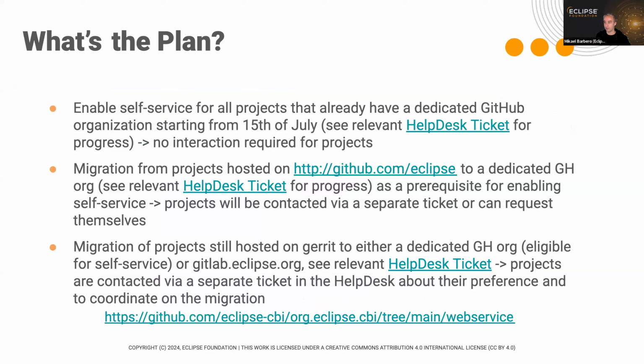So the plan is as follows. Starting July 15th, we will enable it for all GitHub organizations that don't have it yet. At the same time, we also start to migrate projects hosted on the Eclipse shared organization. Many projects have one or many repositories under the Eclipse shared organization.